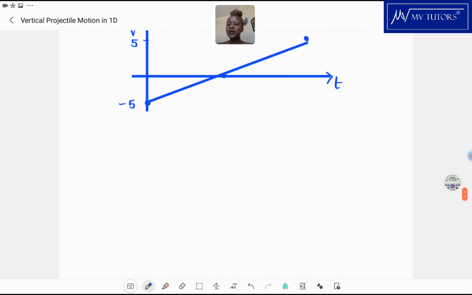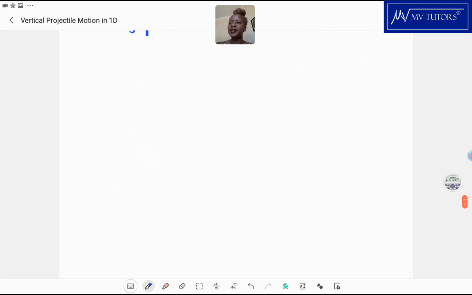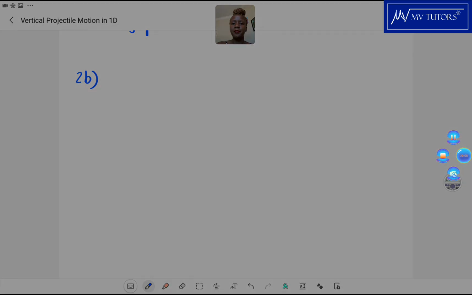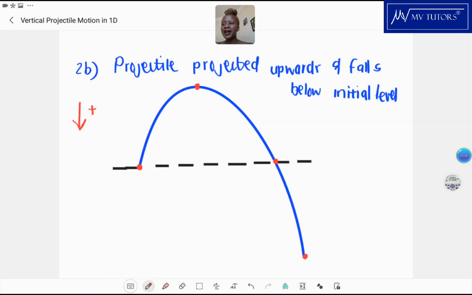Okay, now we're gonna look at scenario 2B. So now we have the second scenario, part B, where a projectile is projected upwards and falls below the initial level. Okay, I've chosen downwards as positive.